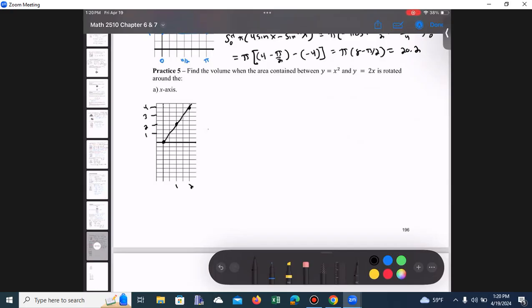And for x squared, 0, 0, 1, 1, 2, 4. Goes like that.